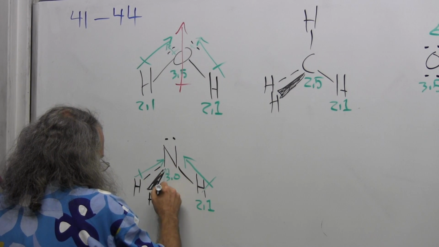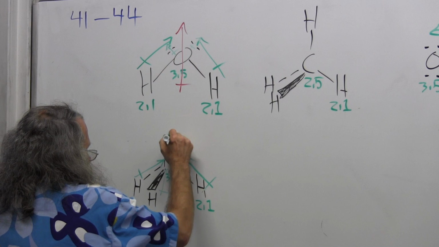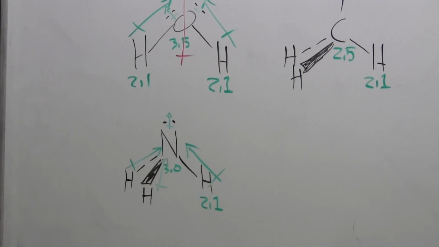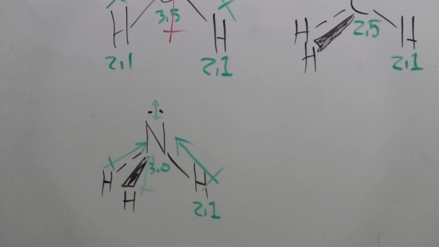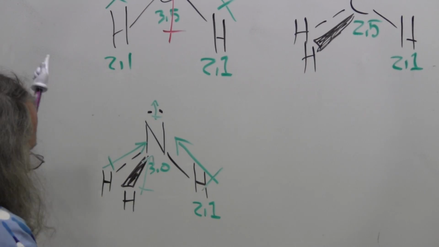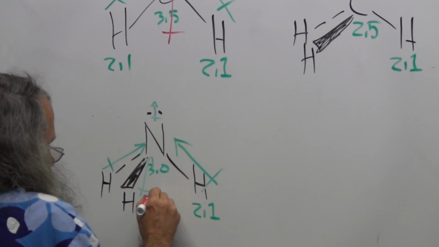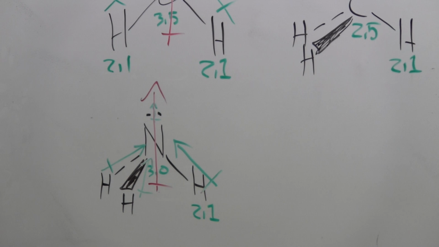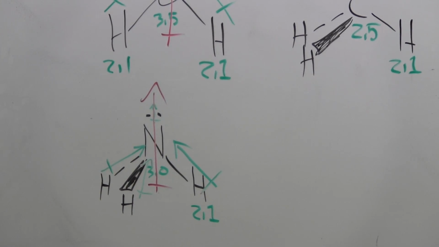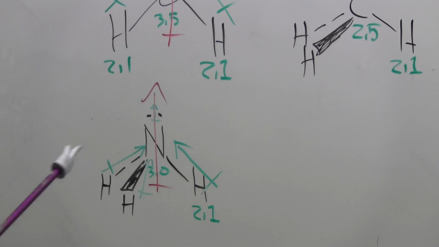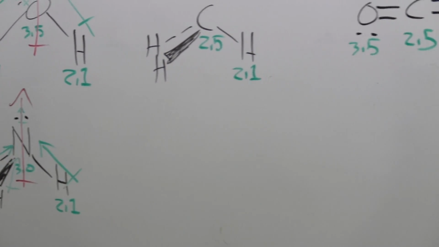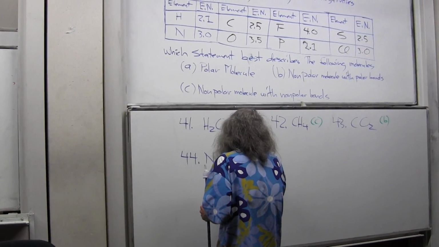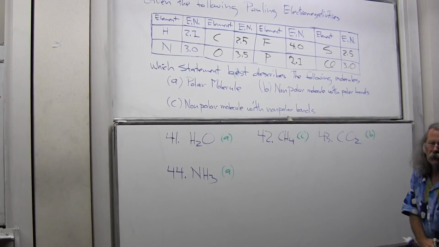So for the geometric arrangement of the dipoles, let's even take the lone pair into effect, which is pointing in that direction. All of these dipoles are pointing in this general direction. They add together vectorially to give rise to an observable permanent dipole. So this one is obviously a polar molecule, which means it's option A. And that completes that series.